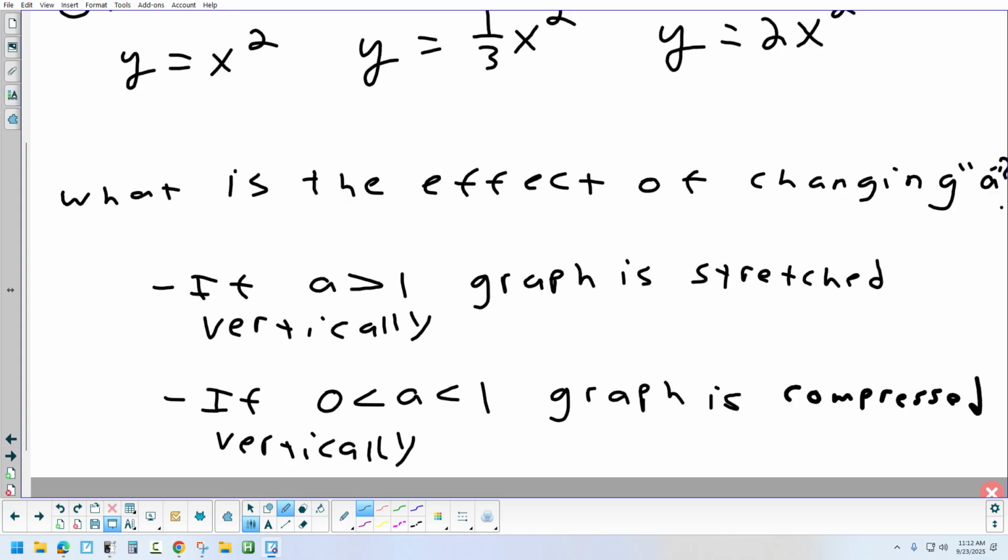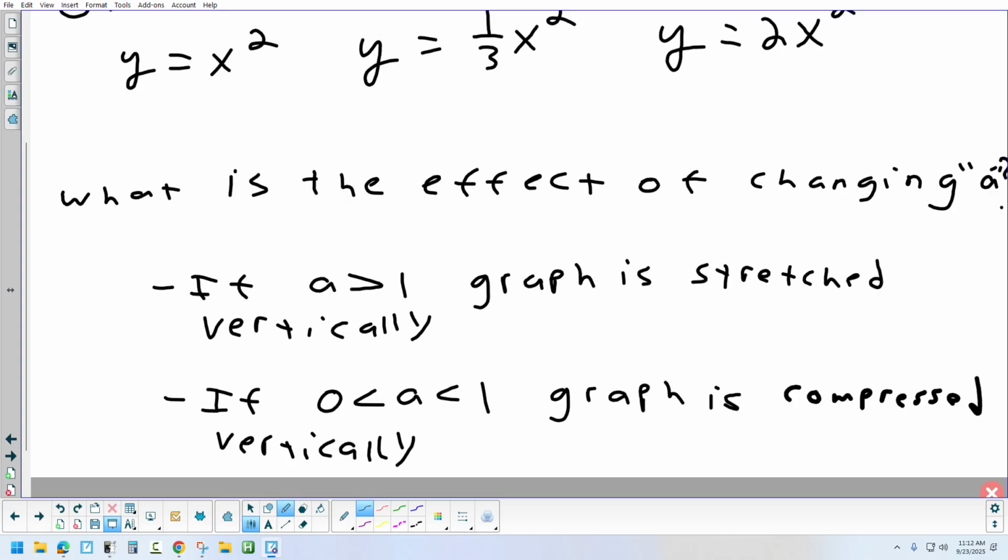That's when it looks wider, because it was squished down. So that's the effect of changing A.